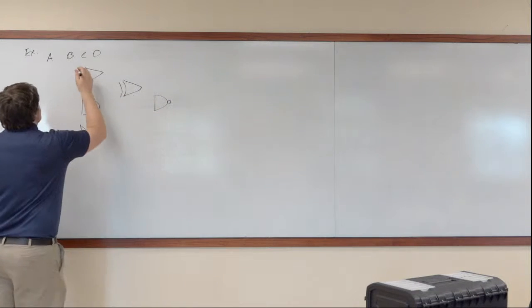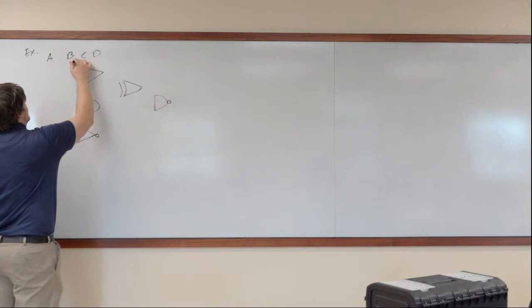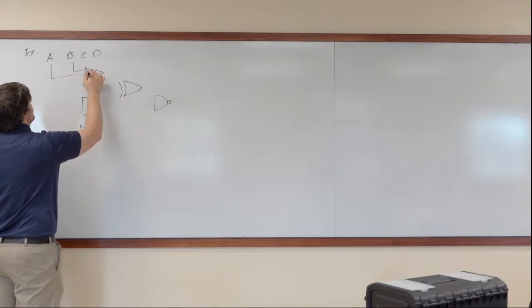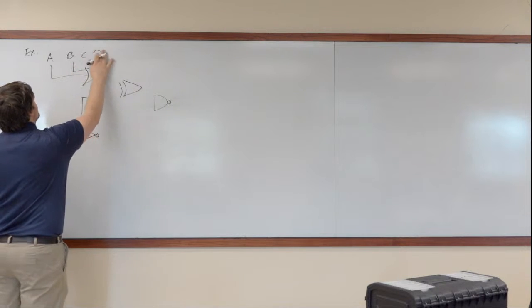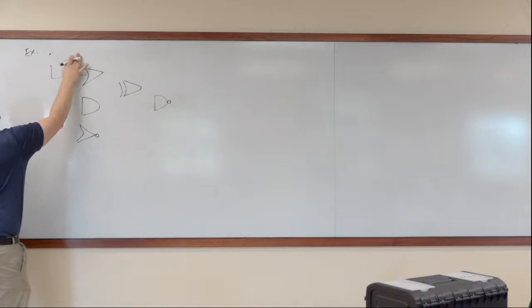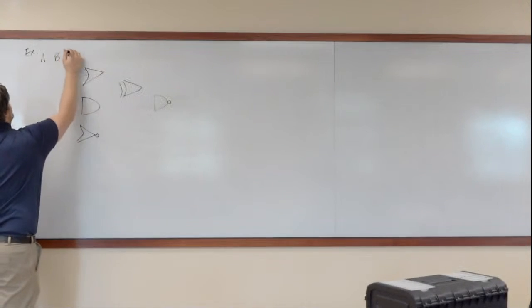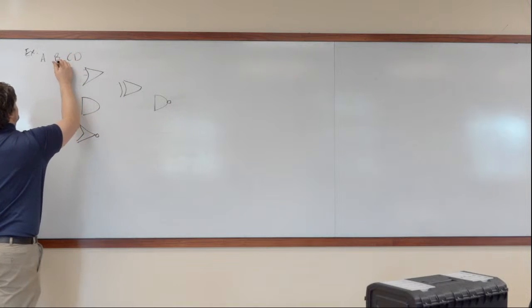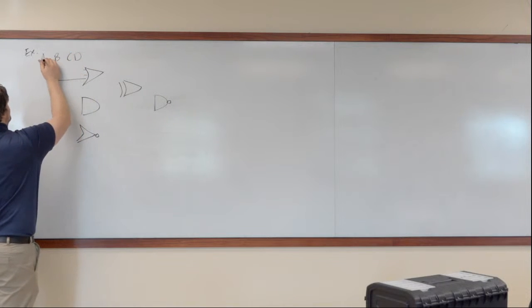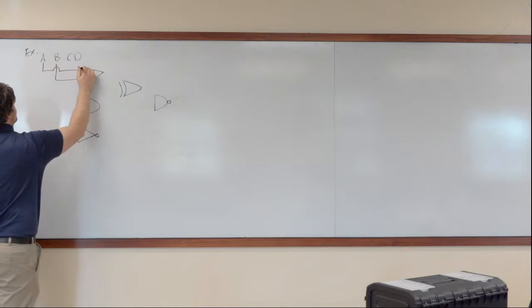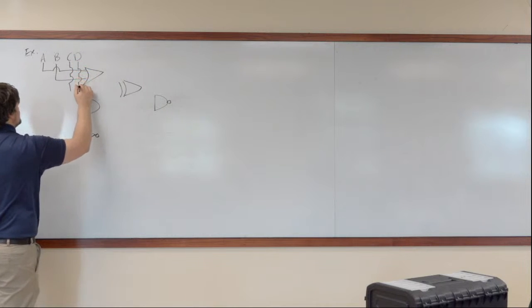And then we'll finish all that off with an AND gate. So here, this will just be B and A. I'm going to need to move this over a little bit. A, B, C, D. So we'll have B and A go into here. C and D will just pass through.